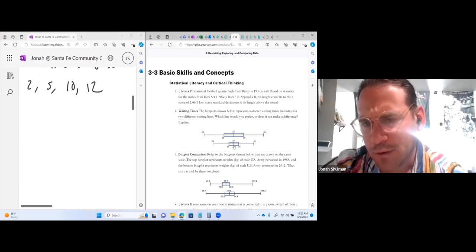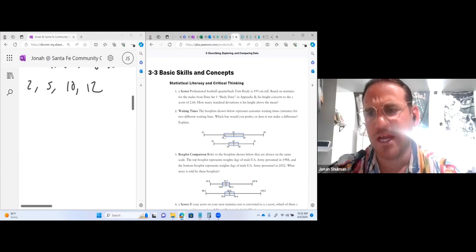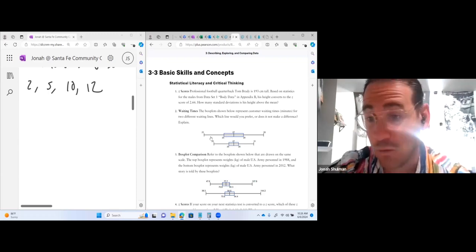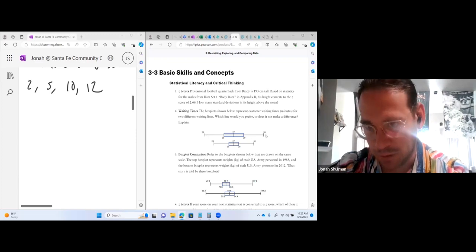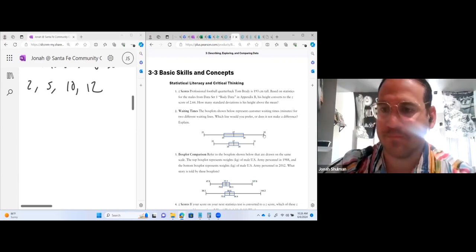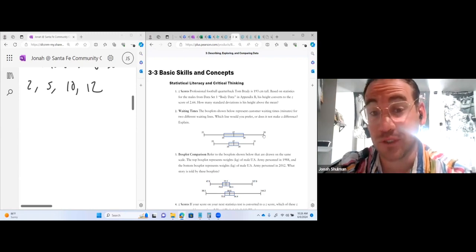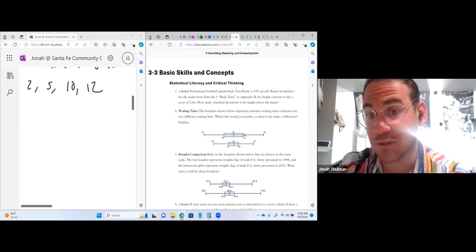I would rather know that it's going to be between these two times and have less of a range, even though I have a chance on line 1 to wait 21 minutes. I also have this one for 33 minutes. So if you're a gambling person, you'd say line 1 is better because I have a shot at only waiting 21 minutes.